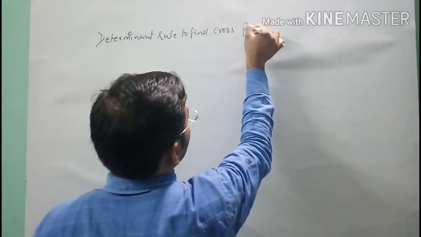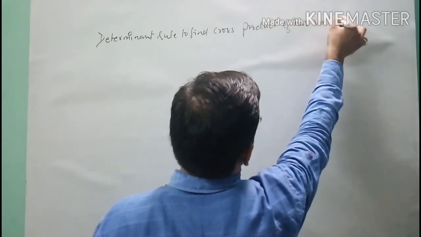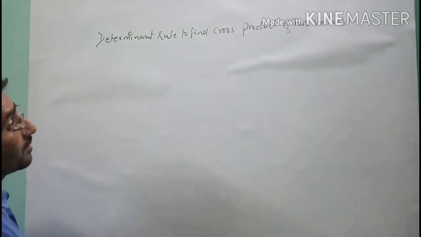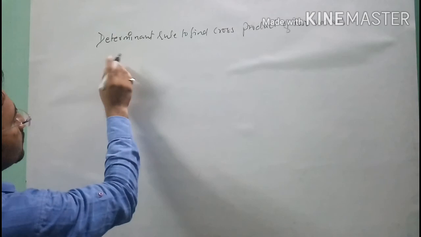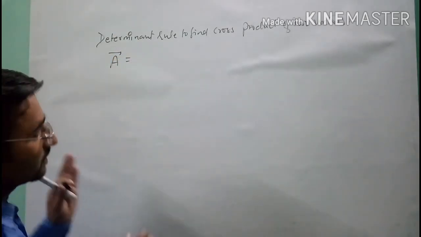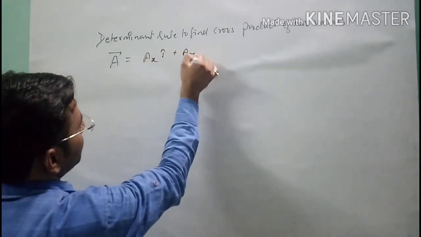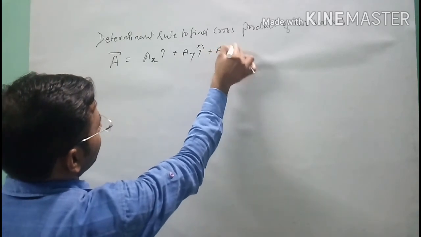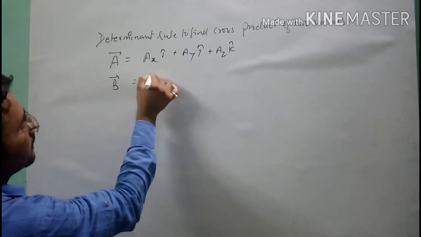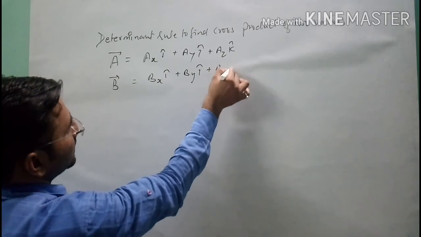Cross product of two vectors. See student here, suppose I have two vectors, vector A which is written in this way, ax i cap, ay j cap and az k cap, and this is vector B which is bx i cap, by j cap and bz k cap.